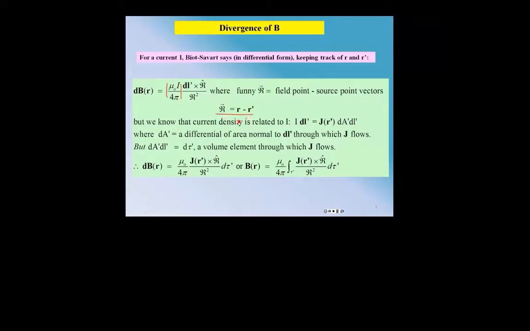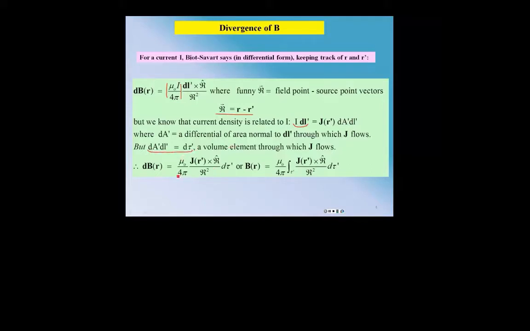Now the current density is related to the current as follows: if we write I times dl prime, that will be equal to the current density at R prime times the volume. So this is the volume current density times a d tau, say. dA is a differential of area normal to dl prime through which the current flows, and so we'll set that equal to d tau prime, which is the volume element through which J flows.